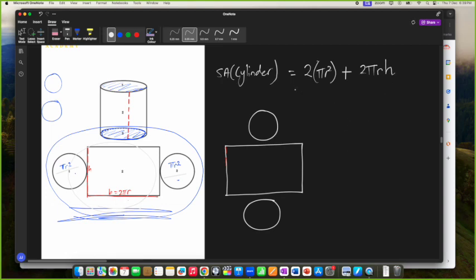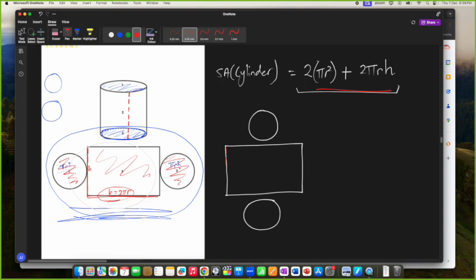I could call this my very complicated looking formula for a cylinder, but we're smarter than that. We know we don't need to learn this. It's really just finding the area of a circle, another circle, and then a rectangle, knowing that the length or the base of the rectangle is the circumference of the circles, to wrap around the circle.